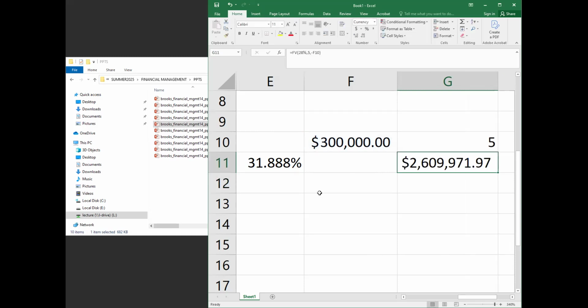Imagine how much you overpay. You borrow 300,000. Your overpayment is basically 2,300,000. So 2,300,000 is the interest that you're going to be paying to the bank if you borrow this much. It's reality. You buy the car, you pay that much.